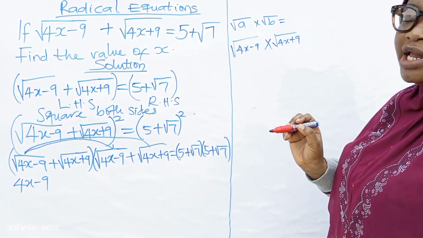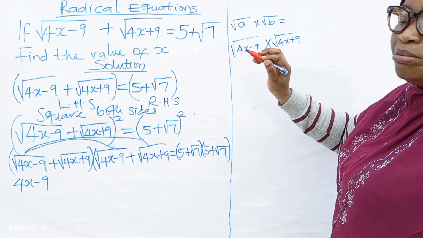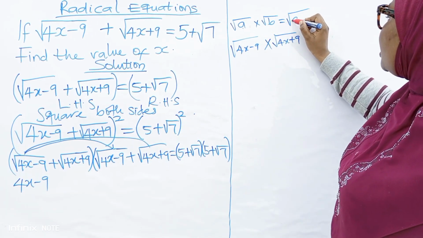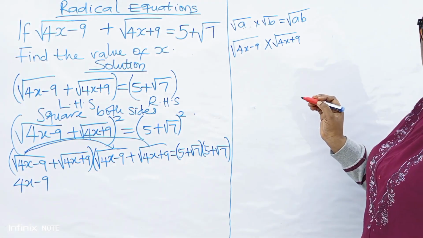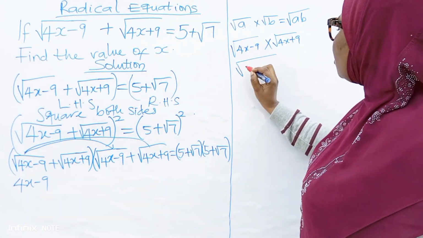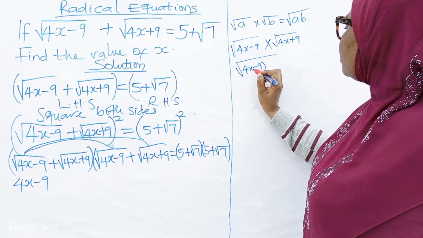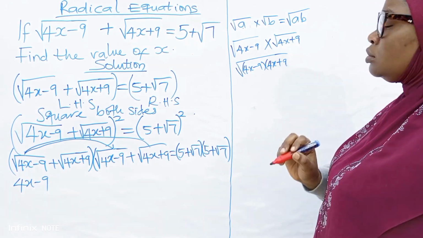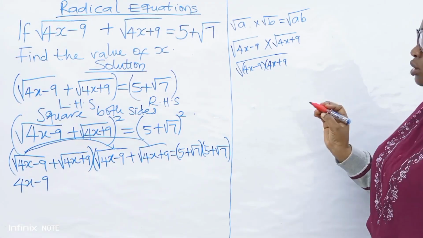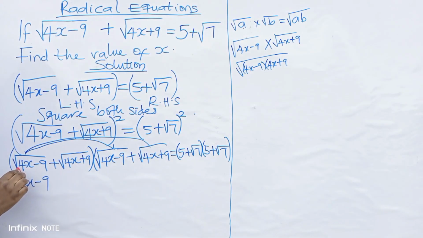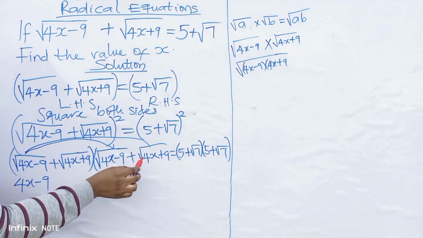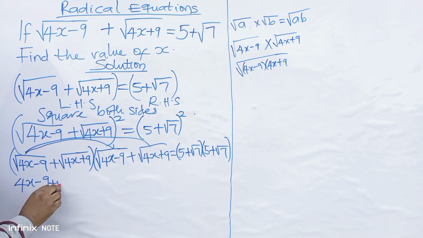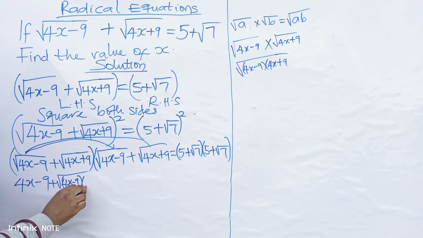Since they do not have the same base, it will be root of a multiplied by b. So this one will be root of 4x minus 9 multiplied by 4x plus 9. So that is what this is going to give us. So now we come here: root 4x minus 9 multiplied by root 4x plus 9 will now be root of 4x minus 9 multiplied by 4x plus 9.